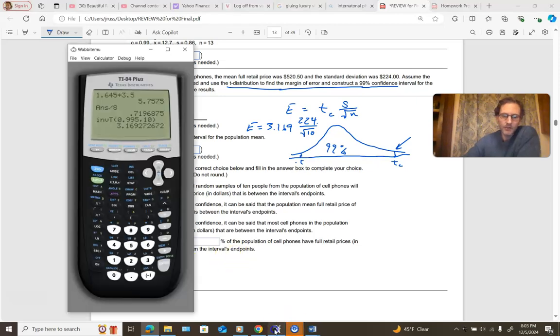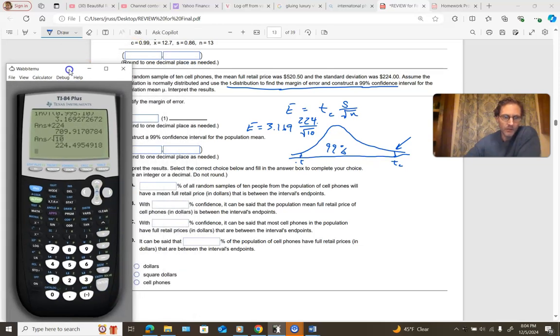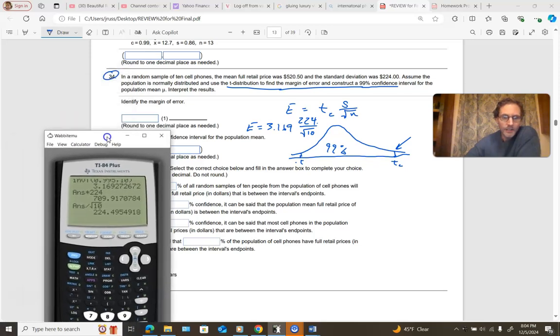So you can type all this in your calculator, guys. I already got that t value in there, so I'm just going to say times the 224, and I'm going to divide that by the square root of 10. That'll be my margin of error. So to 1 decimal place, it's going to be 224.5.